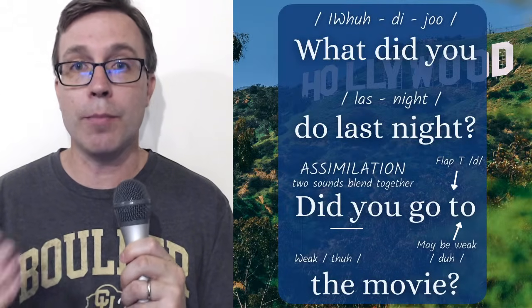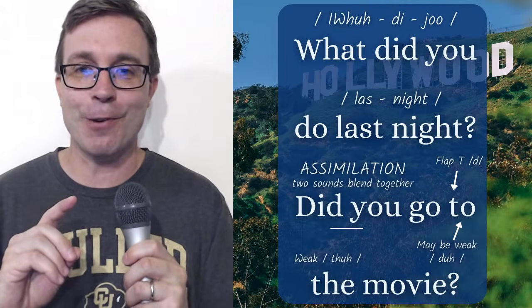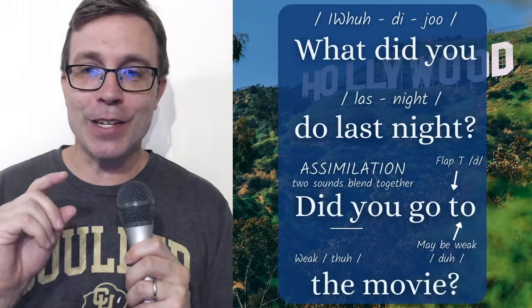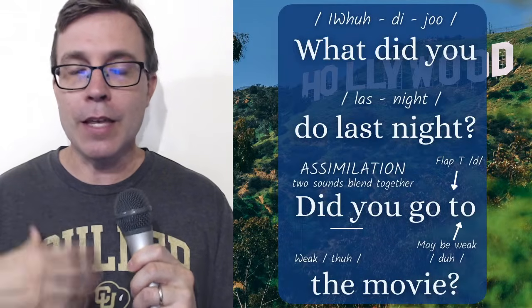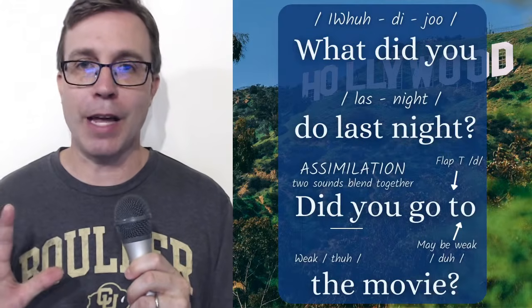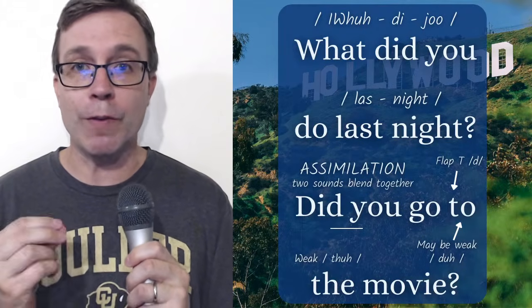The other thing I want to point out before we practice this question is that you can see I put flap T there. In the United States, people love the flap T. It occurs when the T comes between two vowel sounds.